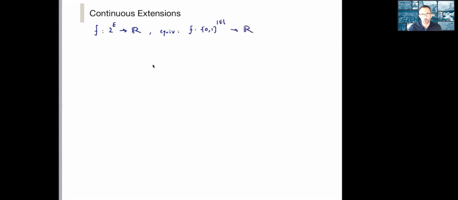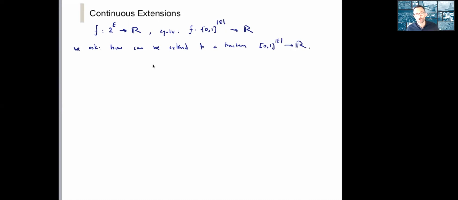And since any corner of the unit cube is essentially the indicator function of my subset. So given any such function, it's natural to ask, can I just extend this to be a continuous function on the entire unit cube? So we ask, how can we extend f to a function that goes from the entire unit cube to R?